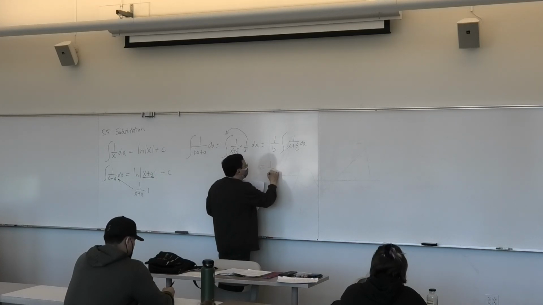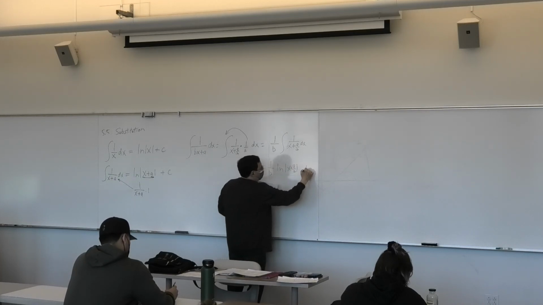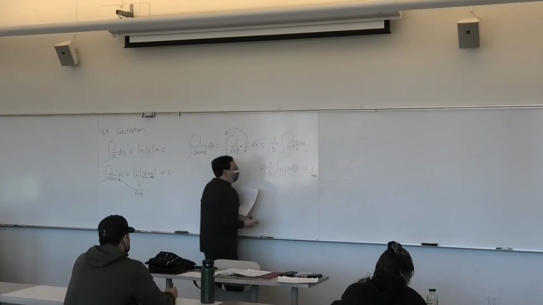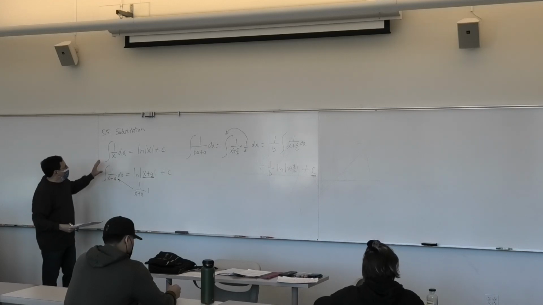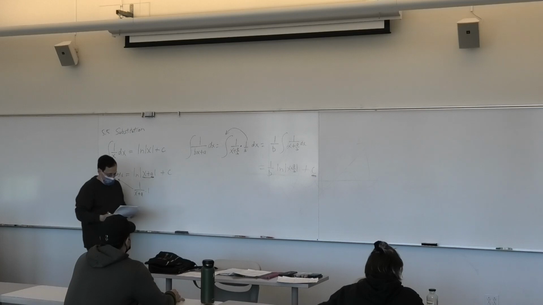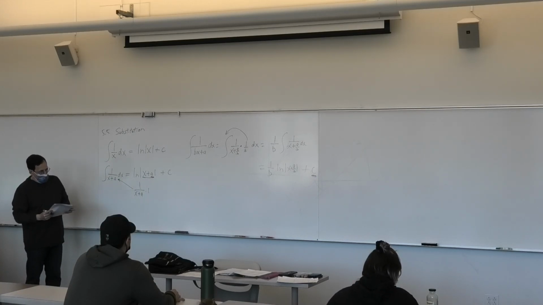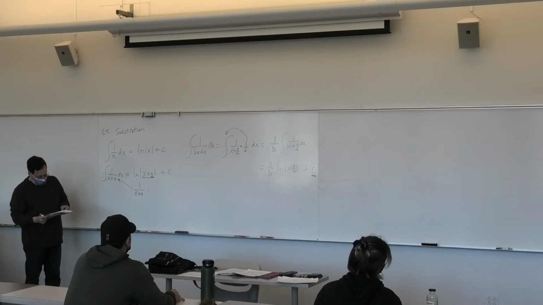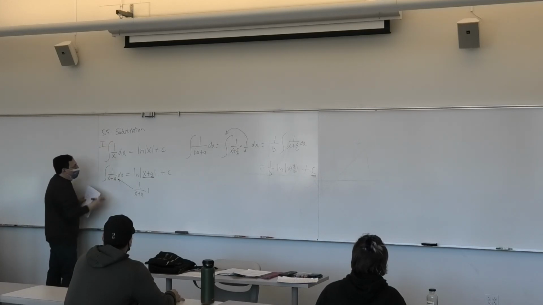We end up with 1 over b times the log of x plus a over b plus our movable constant c here. So in all these cases, when we get something that looks like this, we can find the indefinite integral, the antiderivative, quite easily. All right, that was, I'll call that example 1.